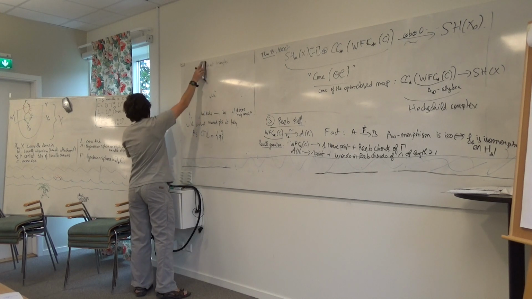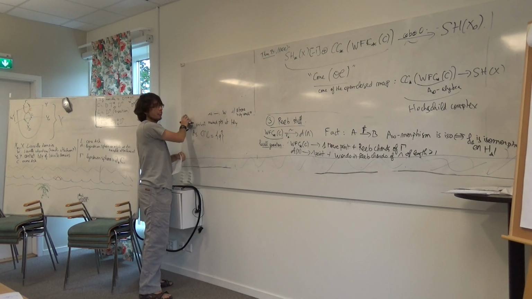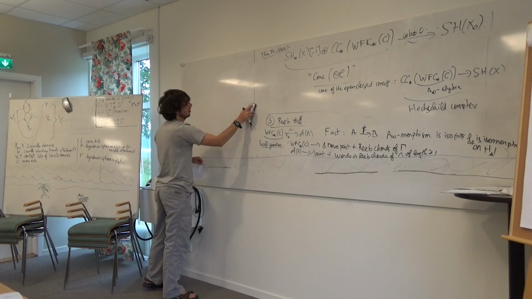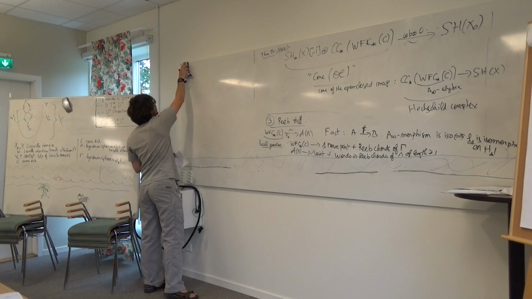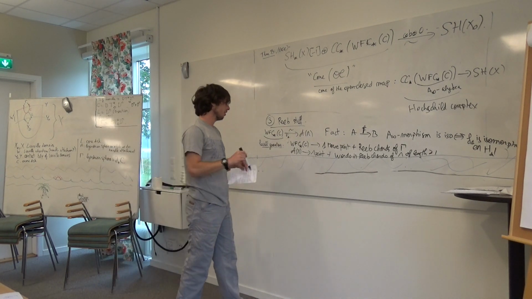Sorry, how does the generator of the wrapped Floer complex get mapped to the Morse point? Okay.